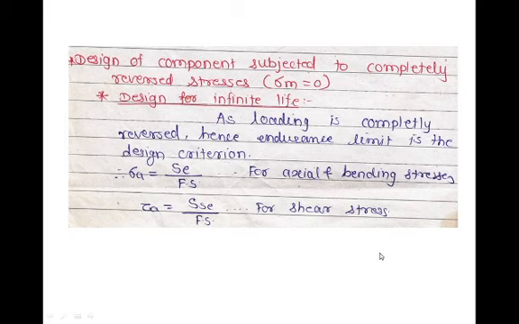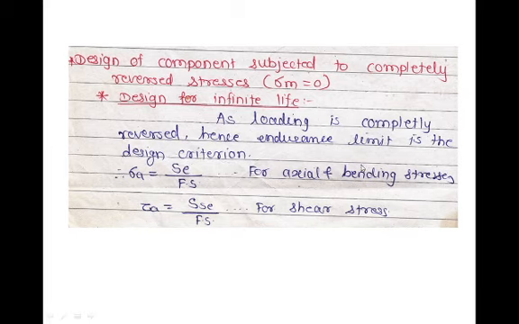Now let us see one by one. First one, the design of a component subjected to completely reversed stresses, where sigma m is equal to 0, meaning sigma minimum is equal to minus sigma max, therefore sigma m is equal to 0 and sigma a will be equal to sigma max. As this loading is completely reversed, the endurance limit is the design criterion.